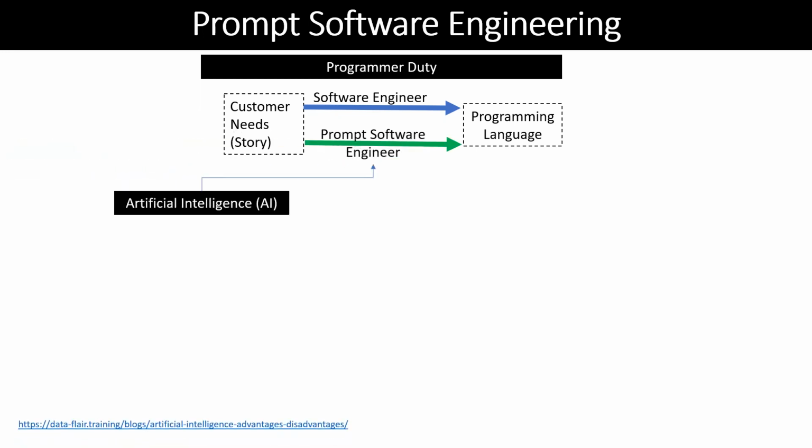This is exactly the same with prompt software engineers. The only difference is that prompt software engineers use artificial intelligence to do their work instead of search engines. In other words, the advent of artificial intelligence creates the prompt software engineering field.